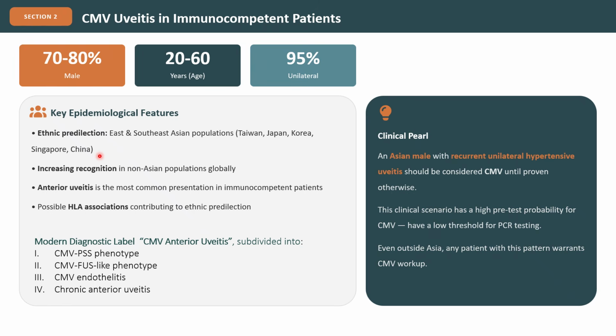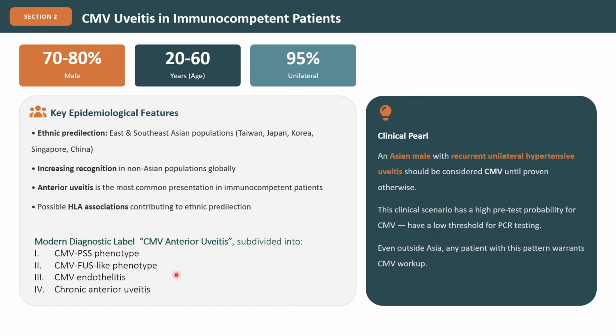We will speak about this when we discuss the laboratory investigation. The presentation of cytomegalovirus uveitis in an immunocompetent patient can take four forms: the Posner-Schlossman phenotype, or the Fuchs uveitis syndrome phenotype, or present as endotheliitis or chronic anterior uveitis.